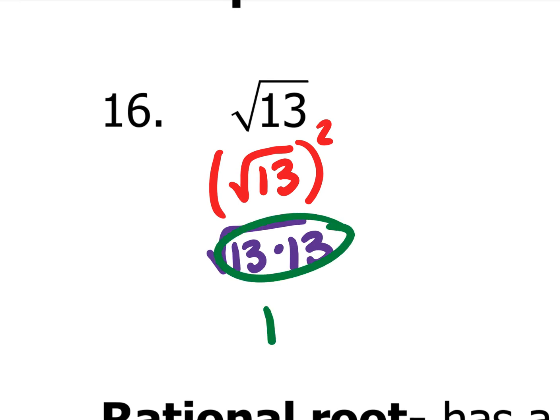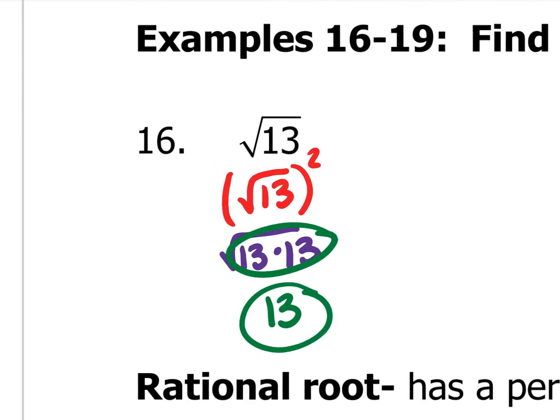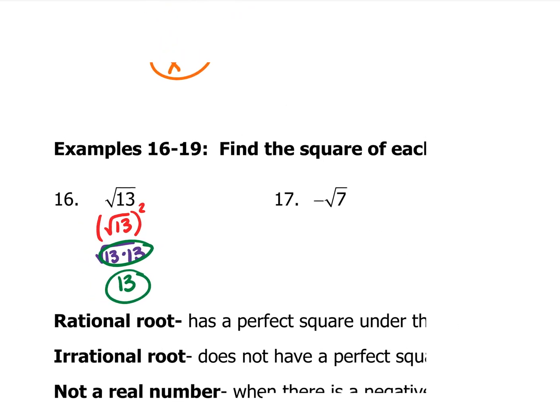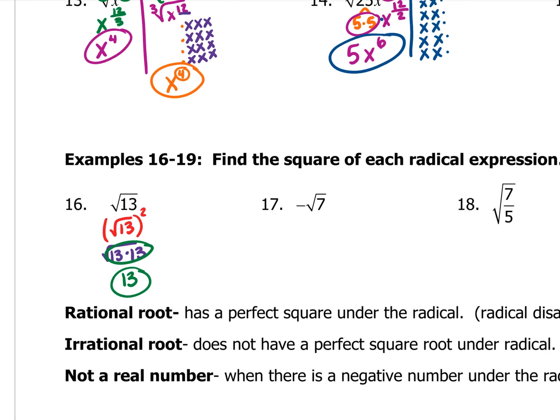And the two 13s are allowed to break out. The reason why that happens is the square always cancels out the square root. So what I'm going to do is I'm going to zoom out, and I think it might be good for you to write that right next to where it says the examples.